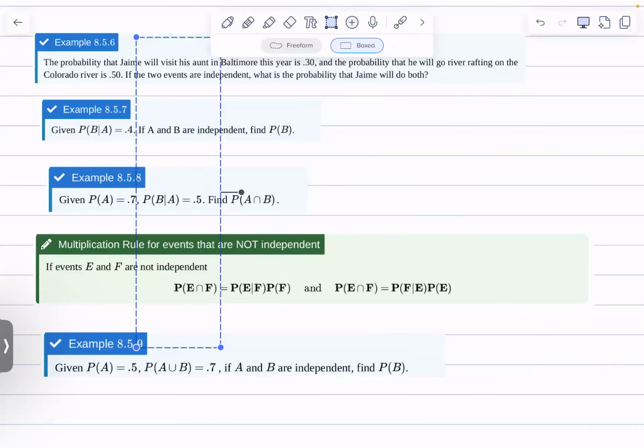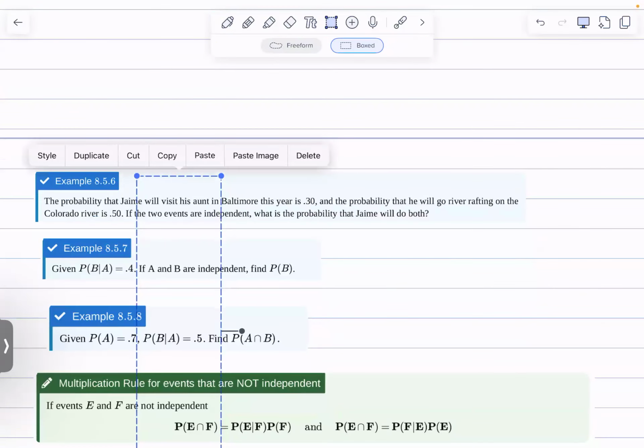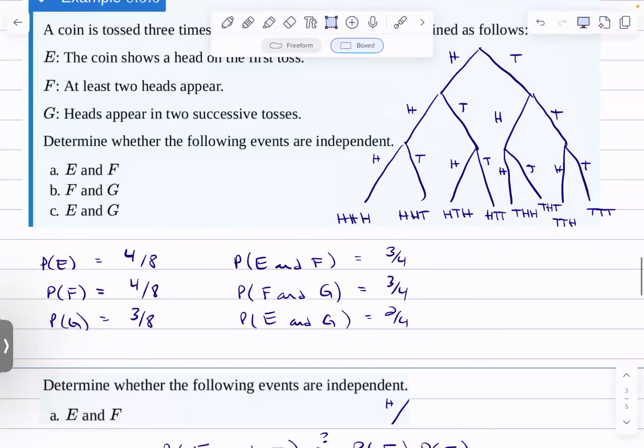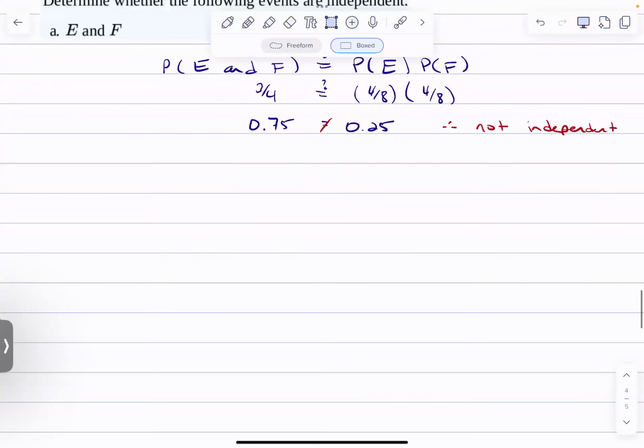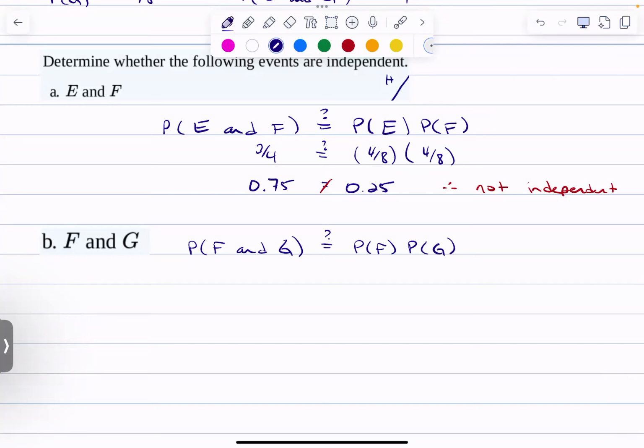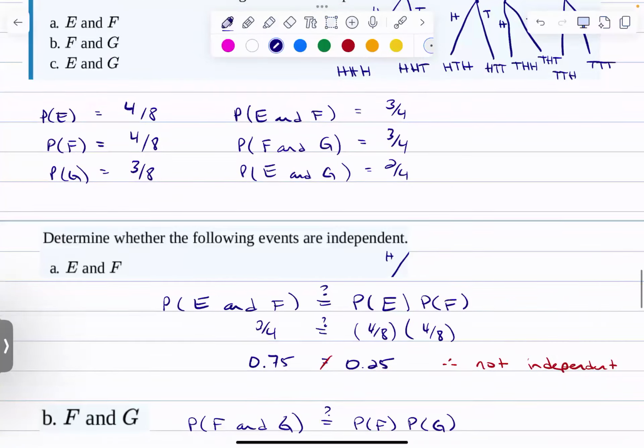Let me scoot these down. Same thing again. Probability of F and G, is it equal to the probability of F times the probability of G? Well, luckily we did all that work.